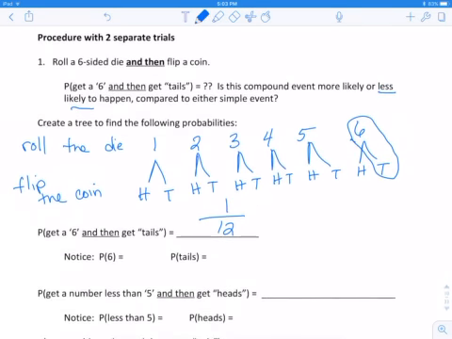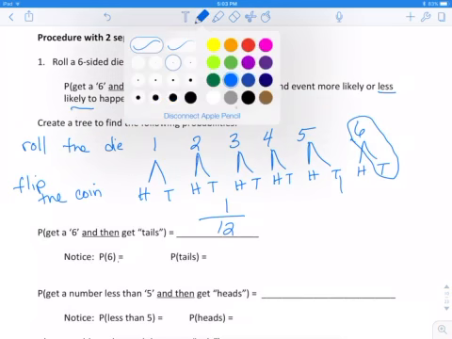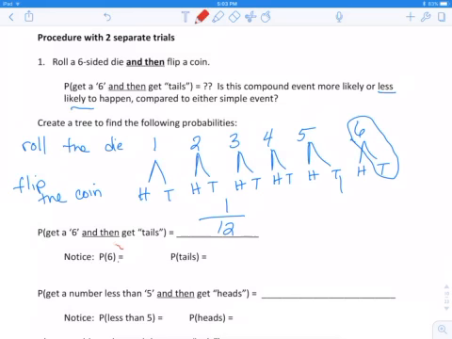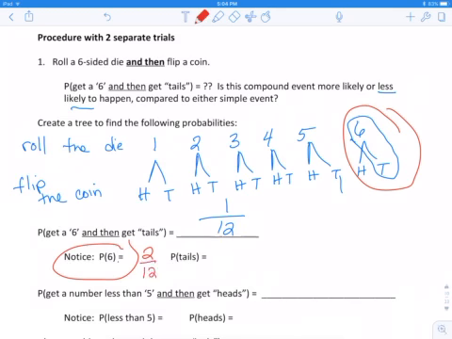Now, just notice the probability of getting a 6, well, there are two ways that we could have, let me do this, say in red. There were two ways where we got a 6 and a head, and a 6 and a tail. So that would be 2 out of 12. And tails, well, 1, 2, 3, 4, 5, 6.